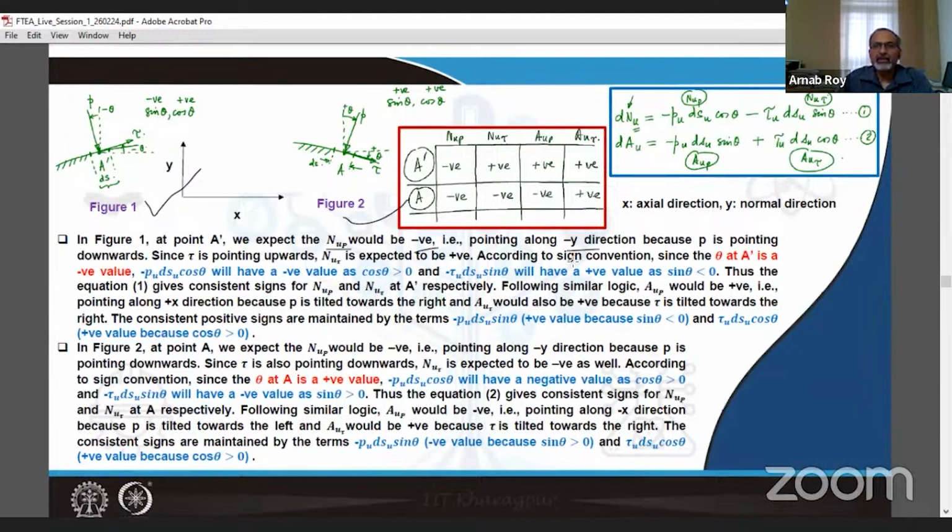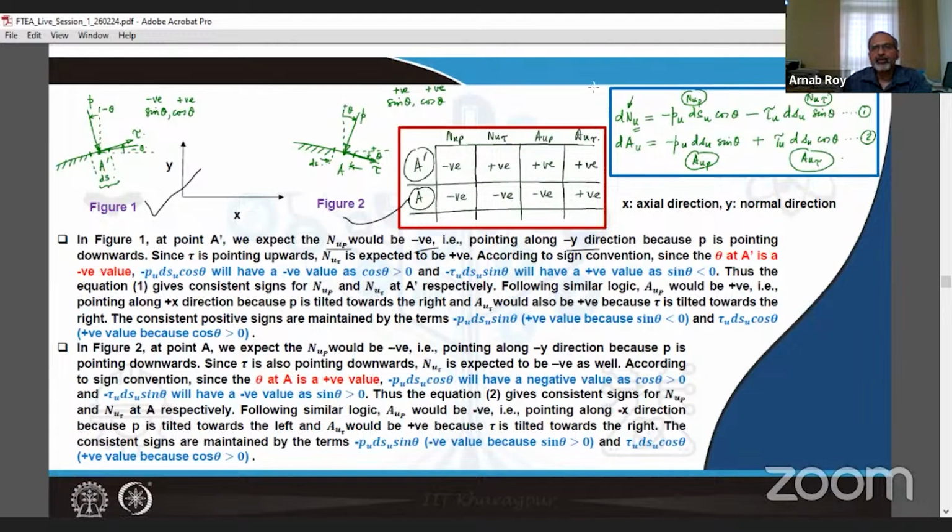According to sign convention, since theta at A dash is negative, minus P_u dS_u cos theta will have a negative value as cos theta is greater than 0, and minus tau_u dS_u sin theta will have a positive value as sin theta is less than 0.